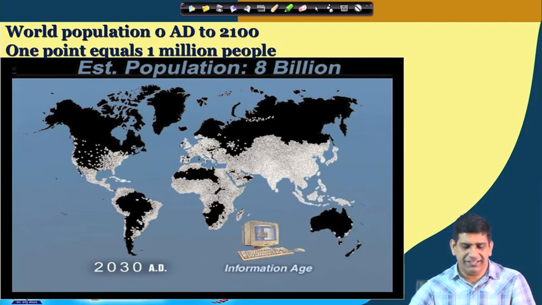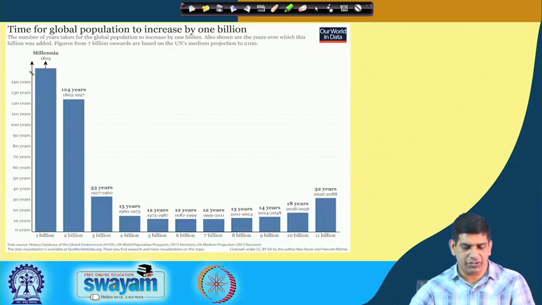Then in 2030 we are projected to hit 8 billion, and as you can see, there is a huge population, mostly in Africa, Europe, Asia, and in South America along the coast. Same thing with North America, not that much on the Canada side, more on the US side because Canada is too cold. In Australia and New Zealand the population is also increasing. It's the information age.